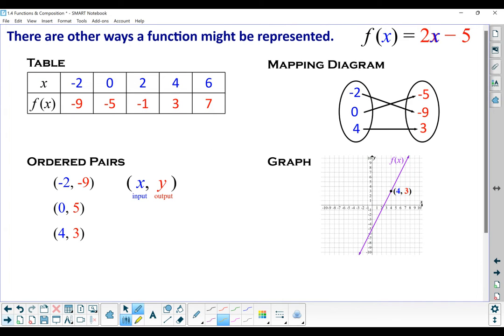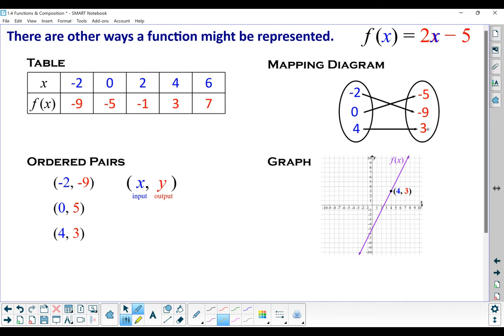Okay, well, there are other ways that a function could be represented besides symbolically in an equation. You could also have a table that's representing a function. So we've got, in this case, a horizontal table with our input in the top row and the corresponding outputs in the bottom row. These values could also just be represented in ordered pairs.